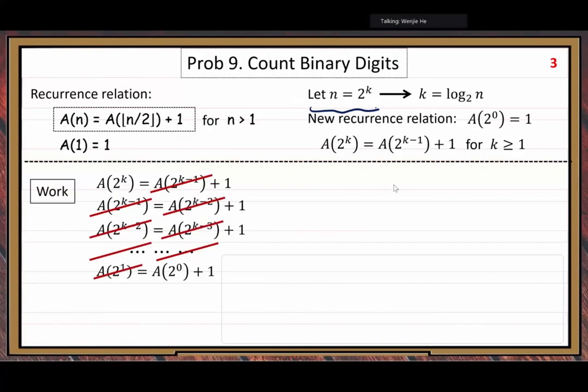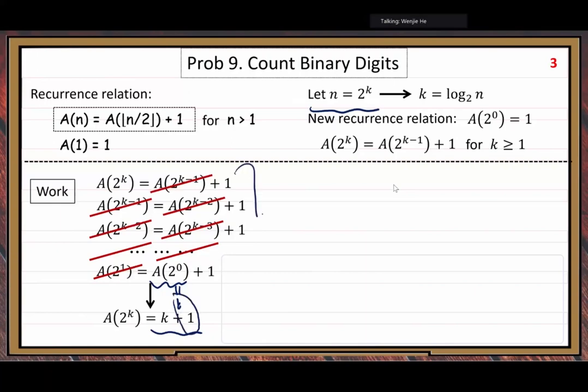So at the end, you can write capital A of 2 to the k equals k minus 1, because you only need to count here the initial value, capital A of 1 equals 1, right? So this number equals 1.